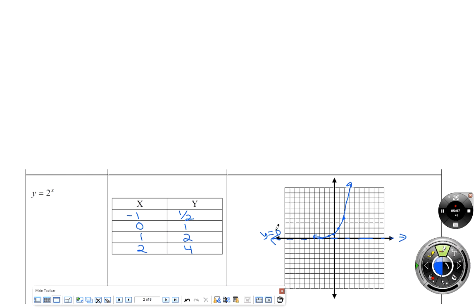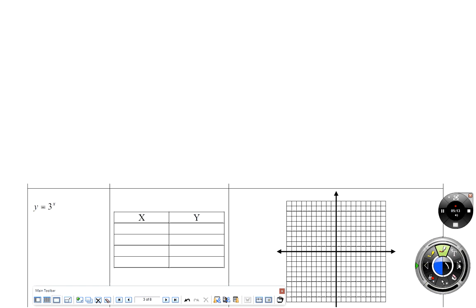So then if we do, does anybody still need this one? All right, so if we look at 3 to the power of x, again, we should have plugged in negative 1, 0, 1, and 2, and that should have given us 1/3, 1, 3, and 9. Okay?